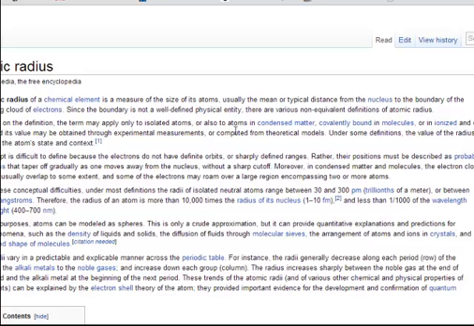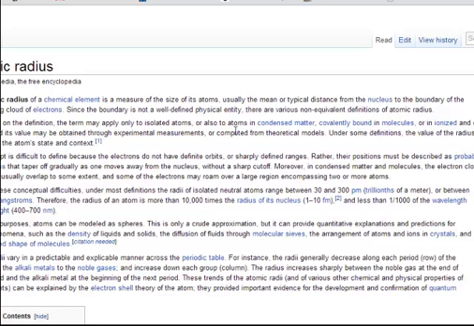Essentially, for the purpose of this class, the understanding of atomic radius is the radius from the nucleus, the core, the center of the atom, to the outer edges of the electron cloud. In essence, we can use the location of the valence shell electrons to approximate that.